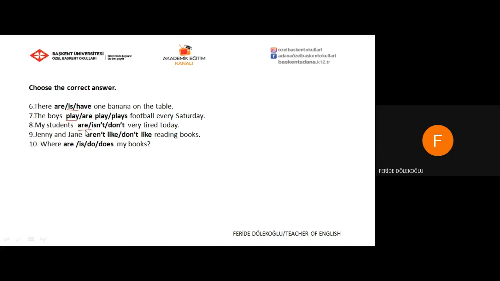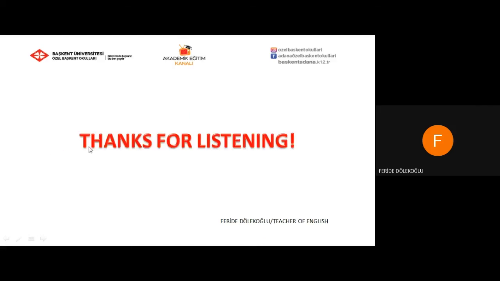Here, are is the main verb. We never say my students don't very tired. 9. Jenny and Jane, they don't like reading books. And last one, where are my books? My books, plural. So I used are here. That's all for today. Thanks for listening.